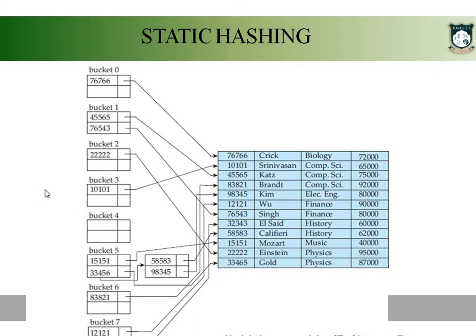Whenever you are looking for some instructor, apply the hash function to the instructor ID. It will give some bucket. You can go to that bucket and find the location of the particular record. So this is what static hashing is. You can also see here that we have added an overflow bucket.